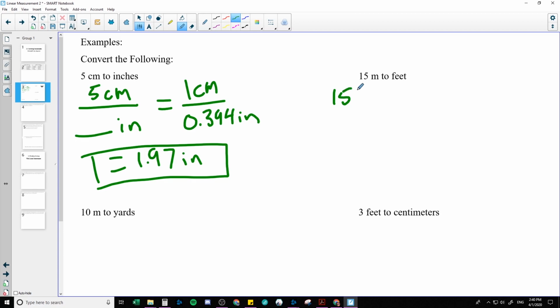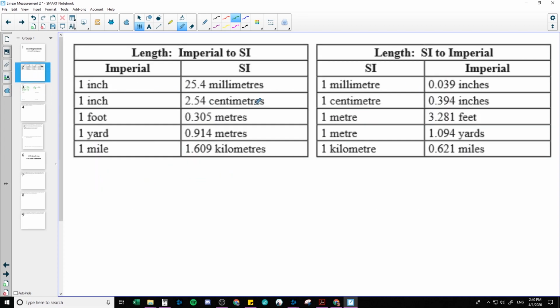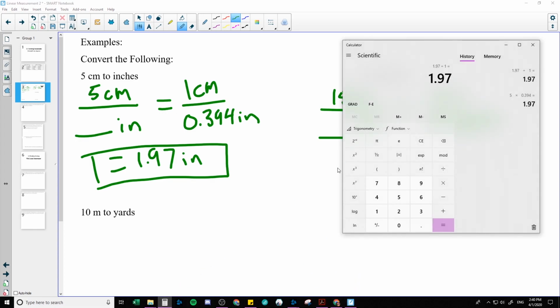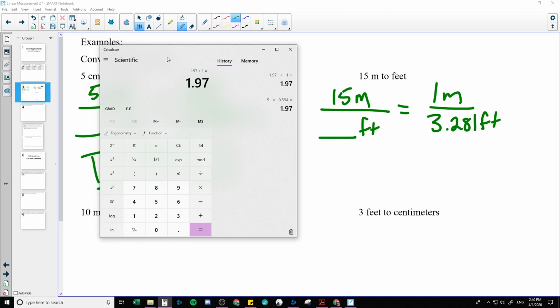15 meters, and we want to know how many feet that is. So 1 meter, we need to know how many feet are in a meter. 1 meter is 3.281 feet. And again, we go back to our calculator, cross multiply and divide: 15 times 3.281 and divide that by 1.